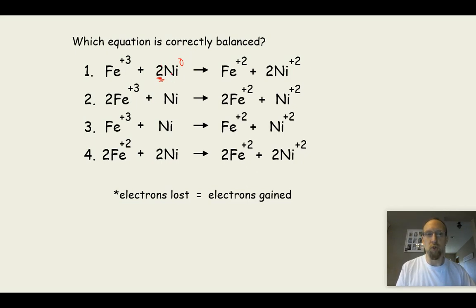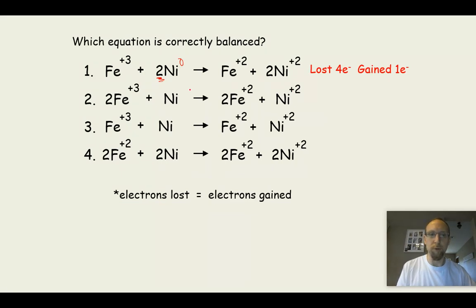So 2 nickels, each losing 2 electrons, is a total of 4 electrons lost. All right, now there's only 1 iron, so it's going from plus 3 to plus 2. So that's a gain of 1 electron, and there's only 1 ion, so the total gained is 1. These aren't equal. So choice 1 is no good.